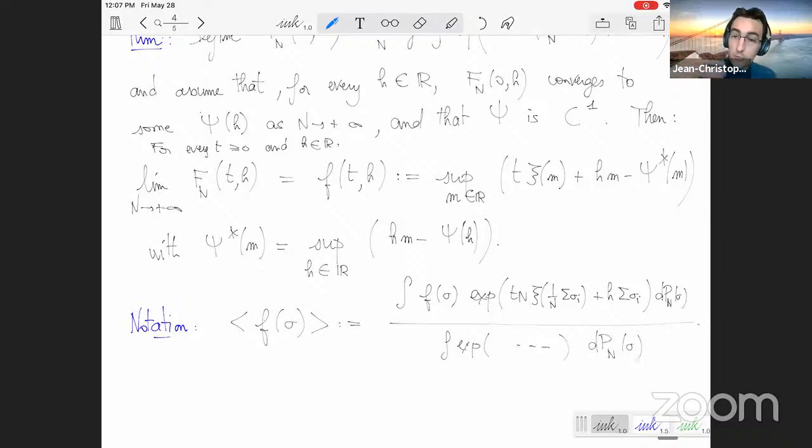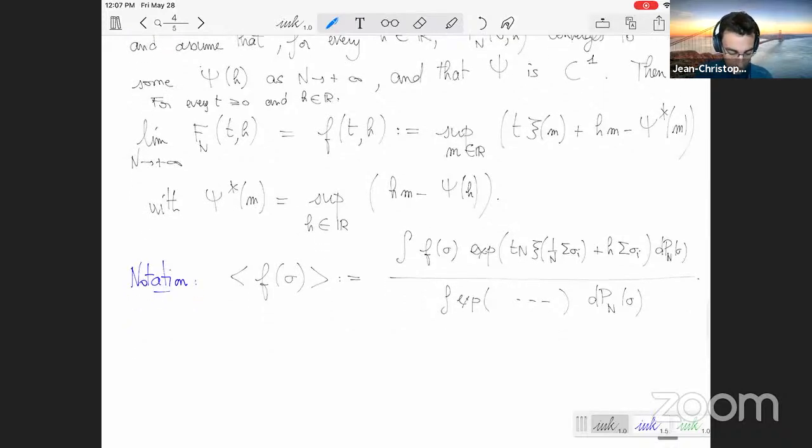Okay, so it's still true that we still have dh fn of t and h equals 1 over n sum of sigma i with the bracket.